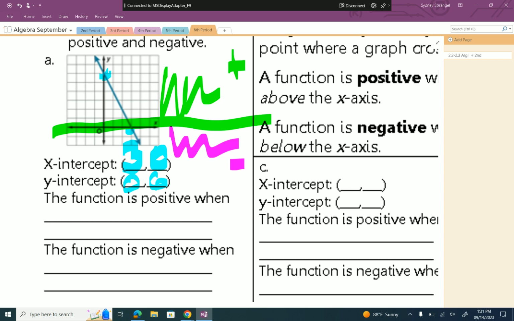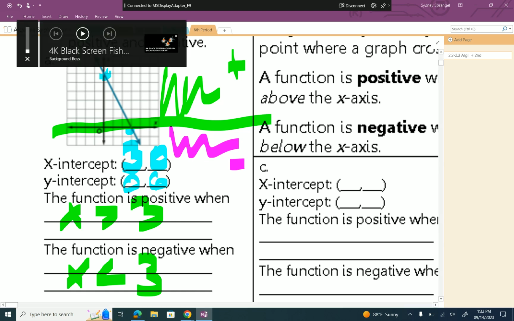So the function is positive when x is smaller than 3, and I'm negative when x is bigger than 3. We all okay with that? We see that? Okay. So, everybody good on that one?